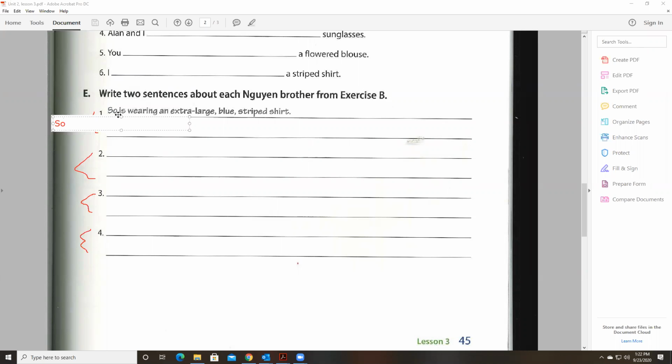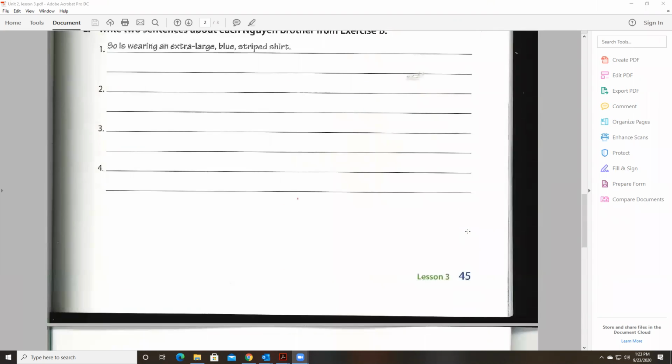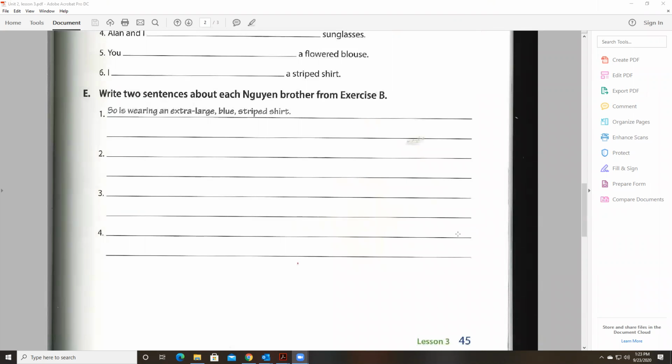You already have 1 there, so now you only need to write 1. You need to write 2 sentences about Duong, 2 sentences about Tan, and 2 sentences about DM. Then I will check this when you bring it in on Monday.